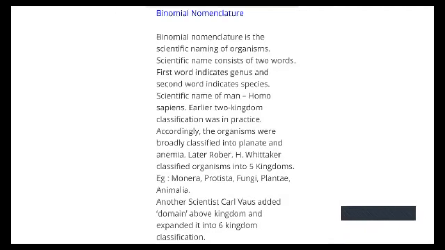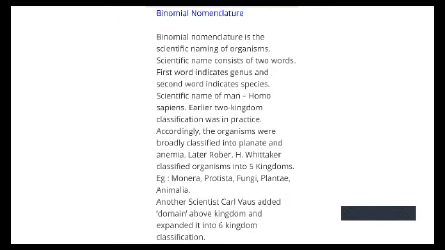That was again modified into the five kingdom classification by the scientist Robert H. Whittaker: Monera, Protista, fungi, plantae, animalia. Then another scientist after that, Carl Woese, added the domain above kingdom and explained a six kingdom classification.